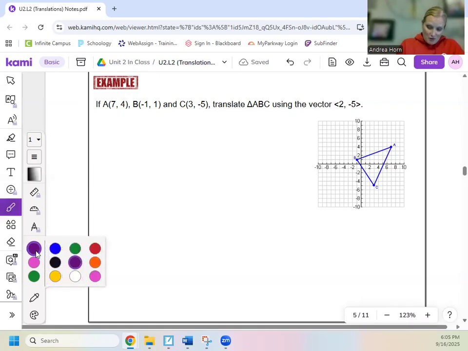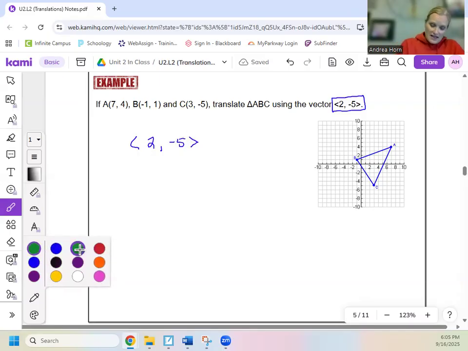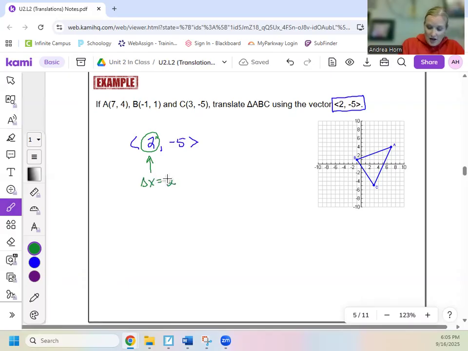Okay, so on this example, I gave you a vector. The vector that I gave you is <2, -5>. And again, you know it's a vector because it has those brackets. So let's understand what this vector is saying. The 2 is in my X position, so my change in X is going to be a positive 2, or in other words, right 2.